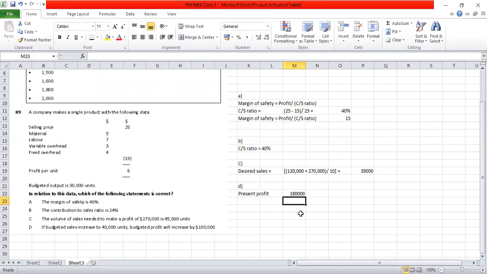So here it says that it will increase by 100,000. Let's check what will happen. Present and proposed. At present, output is 30,000 units.